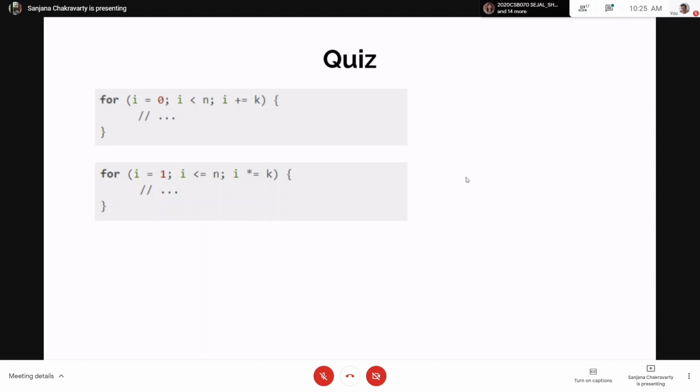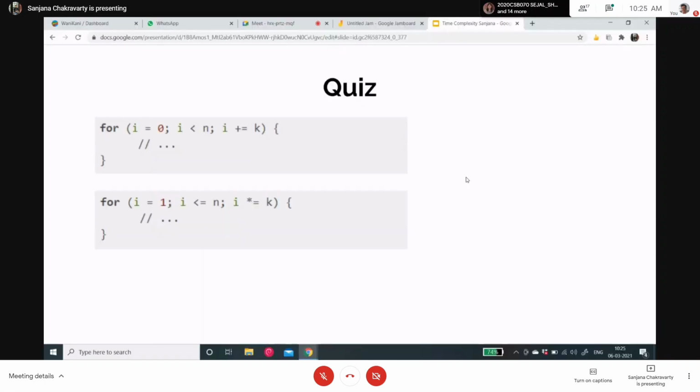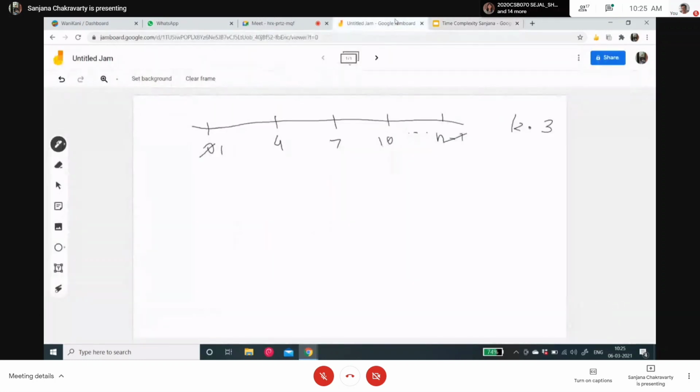So I think some of you might be confused with this one, so I will explain. Let's take n equal to, say, 8, and let's take k equal to 2. How is i increasing?